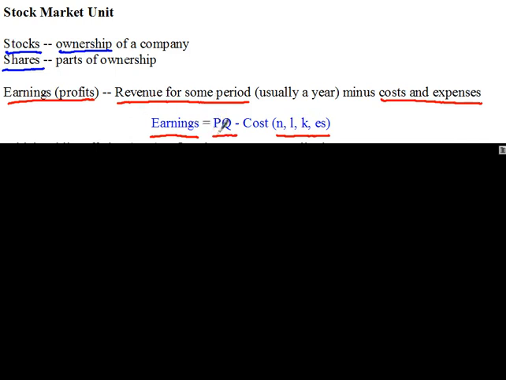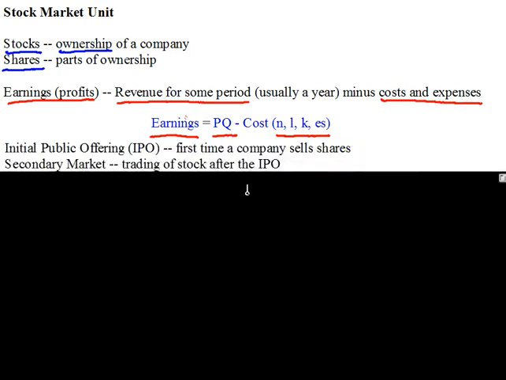So you take your revenue minus your costs, and that's going to give you the company's earnings. And then if you own part of the company, then you will receive some of those earnings or profits. And again, we'll get into the details of that as we go here.